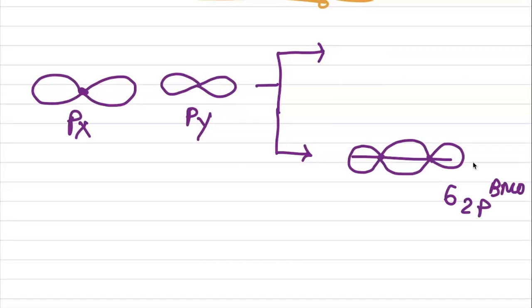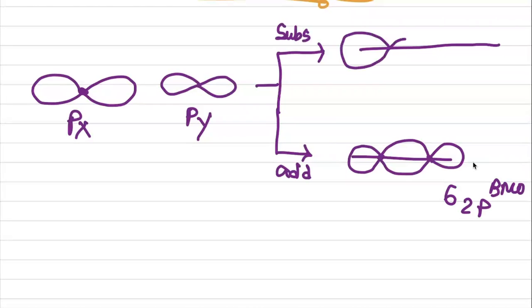And in case of antibonding, subtraction takes place over here. This is the nodal plane.